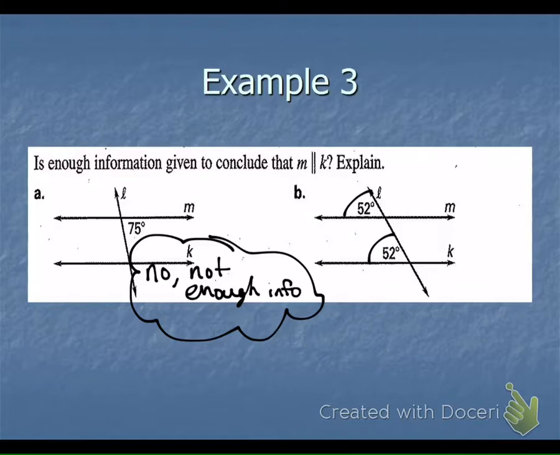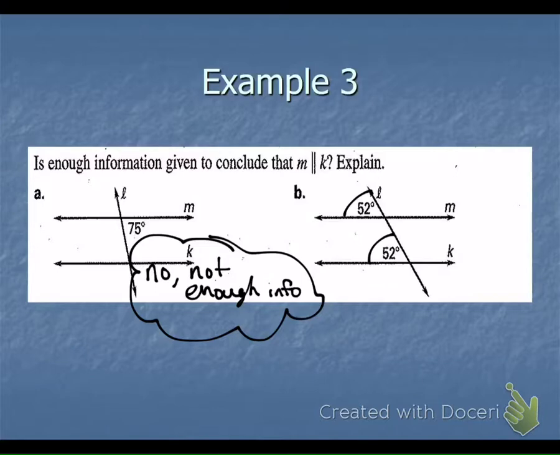The 4 different relationships. Does this fall into any of those categories? Same side? Same side, exterior? They're same side, but you got one of each. They're in the same position. Corresponding? Corresponding. So the corresponding angles are congruent. Is that enough to show that the lines are parallel?